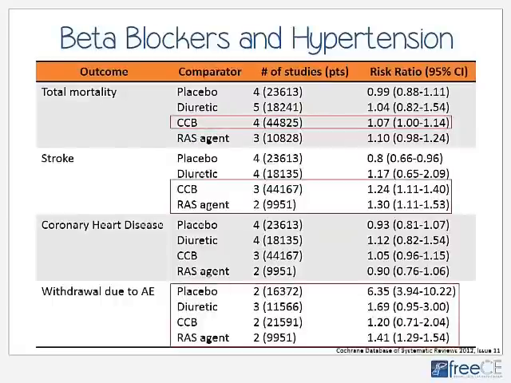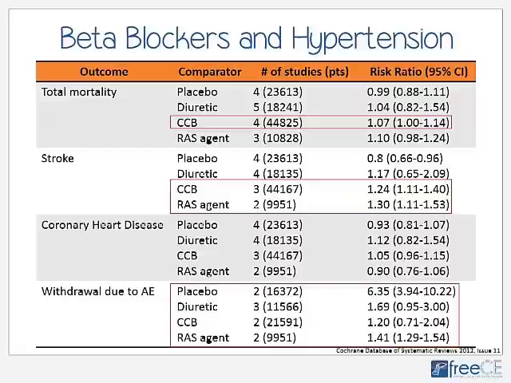So in 2012, the Cochrane review group put out a systematic review looking at beta blockers and hypertension. This was 13 trials total, and they compared beta blockers to placebo, diuretics, calcium channel blockers, and drugs in the renin-angiotensin-aldosterone system.